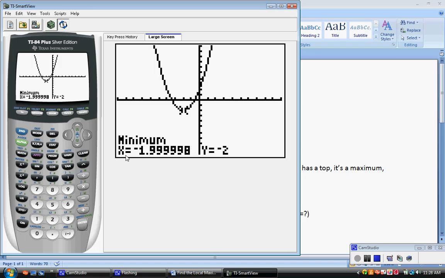We can round on that one. So again, we would list it as negative 2 at x equals negative 2. So that would be our minimum for that particular problem.